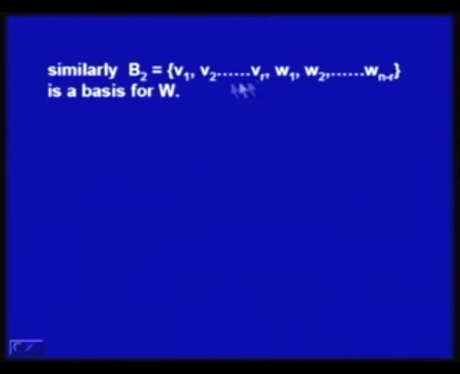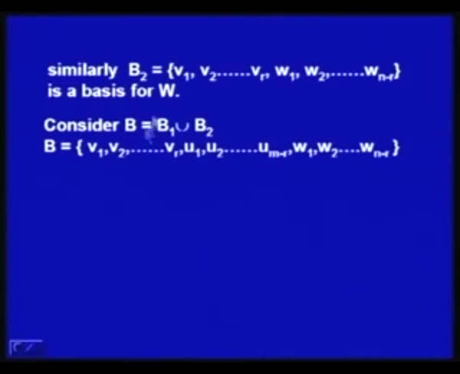So, we have the same vectors V1, V2, Vr, and then we add n minus r independent vectors, so that this forms a basis for W. Then we consider B is equal to B1 union B2.